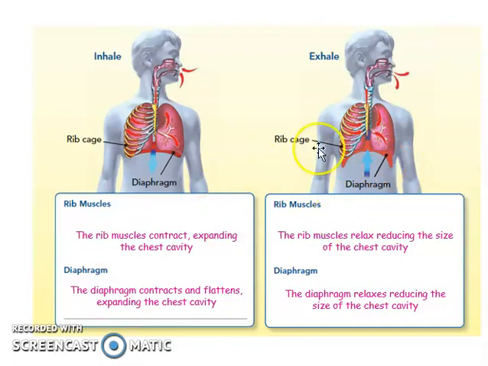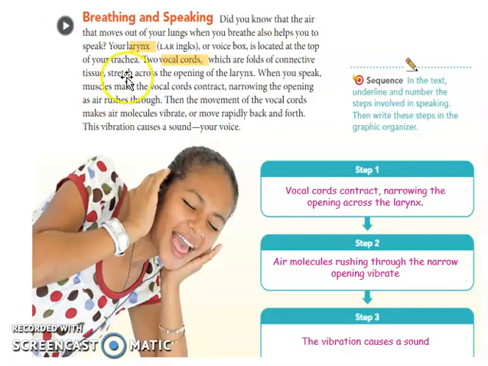So the movement of your chest means that the muscles inside your body are working in pairs because they are doing inhaling and exhaling. So one is expanding or contracting, and then the other is relaxing. Okay, now let's go to the next part.